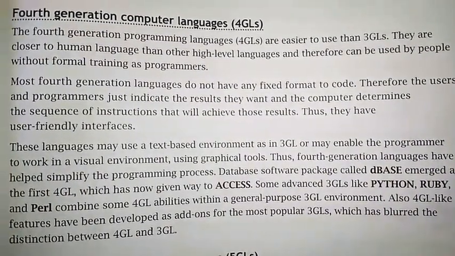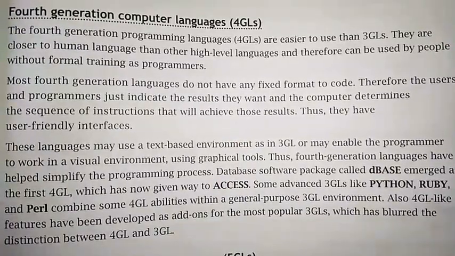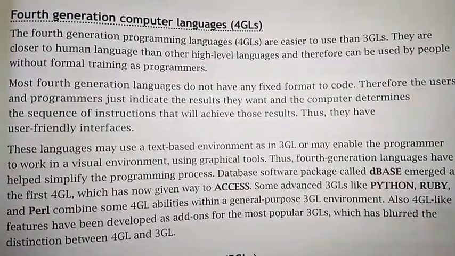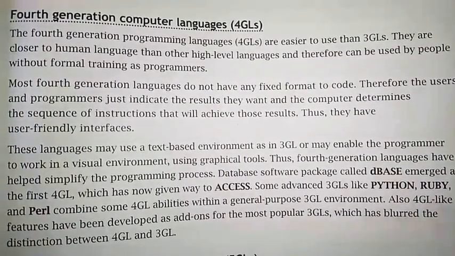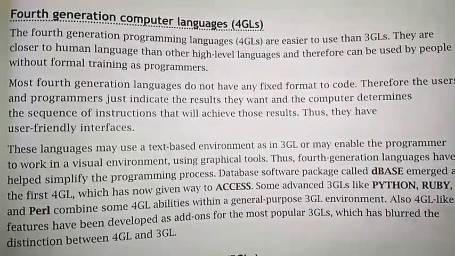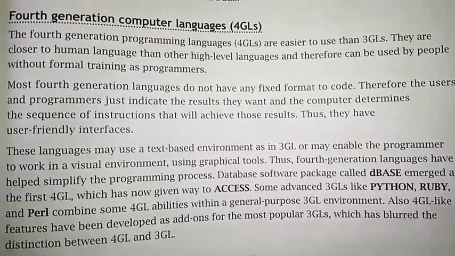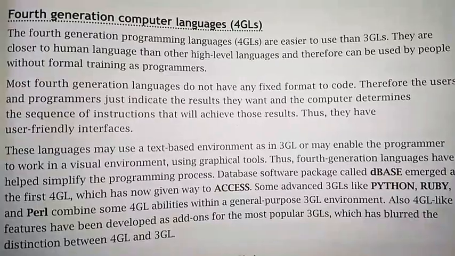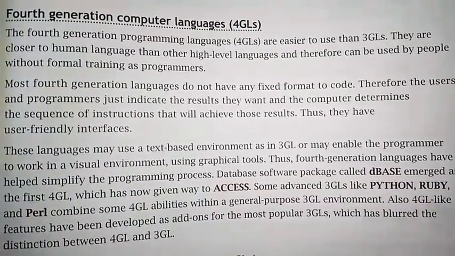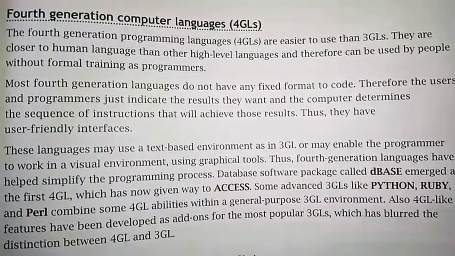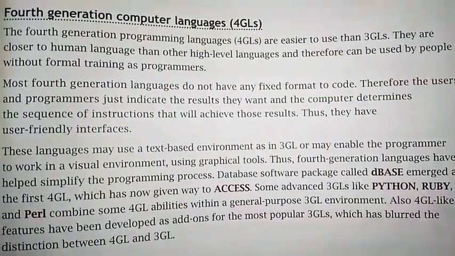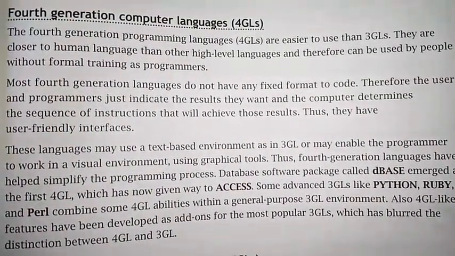Understand? So Python, Ruby and Perl combine some 4GL ability with the general purpose environment of 3GL. Along with that, 4GL features have been developed as add-ons for the most popular 3GLs, which has blurred the distinction between 4GL and 3GL.